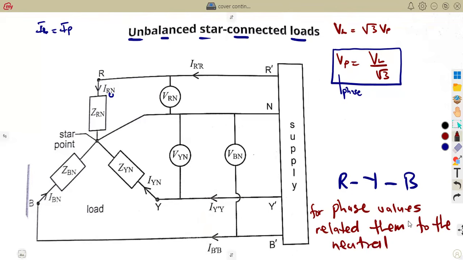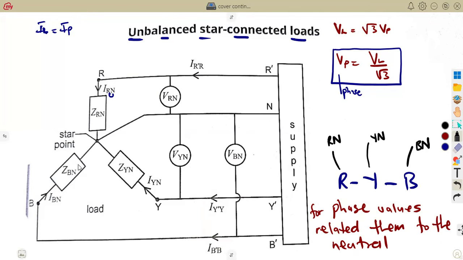So what am I trying to say? If you are referring to the phase of a red, that phase will be referred to as RN, to the neutral. If it is voltage, it is VRN. If it is current, it will be IRN. If it is impedance, it will be ZRN. So you refer to it that way to the neutral. This one will be YN, and this one will be referred to as BN.